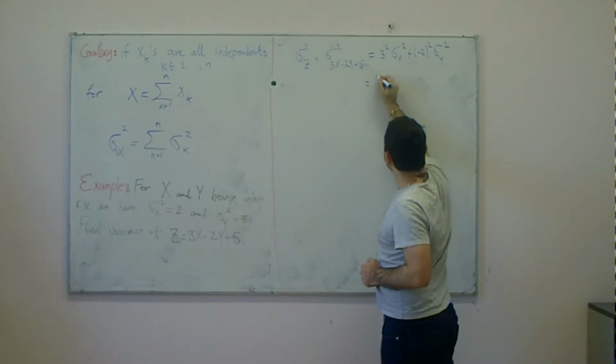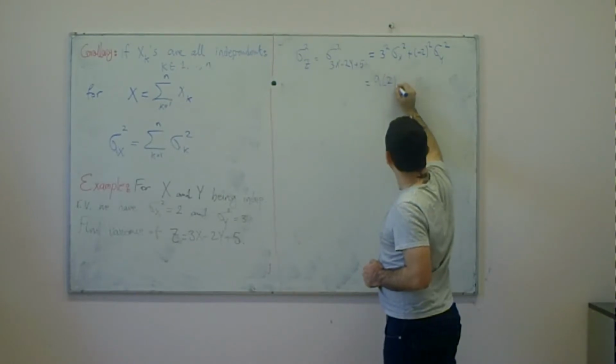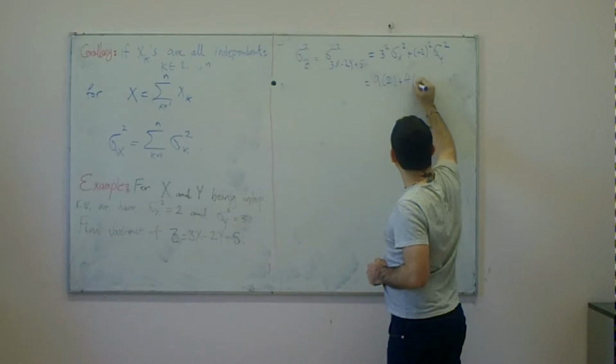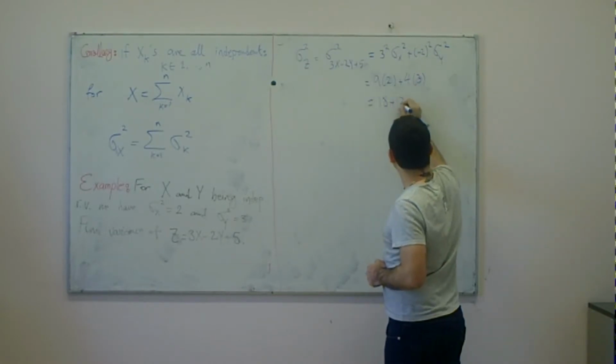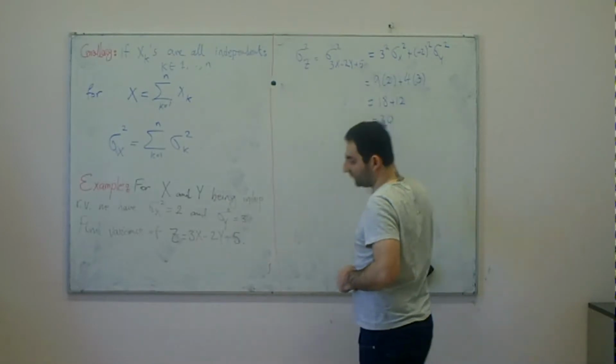It will be 9 multiplied by 2 plus 4 multiplied by 3, which is 18 plus 12, which will be 30.